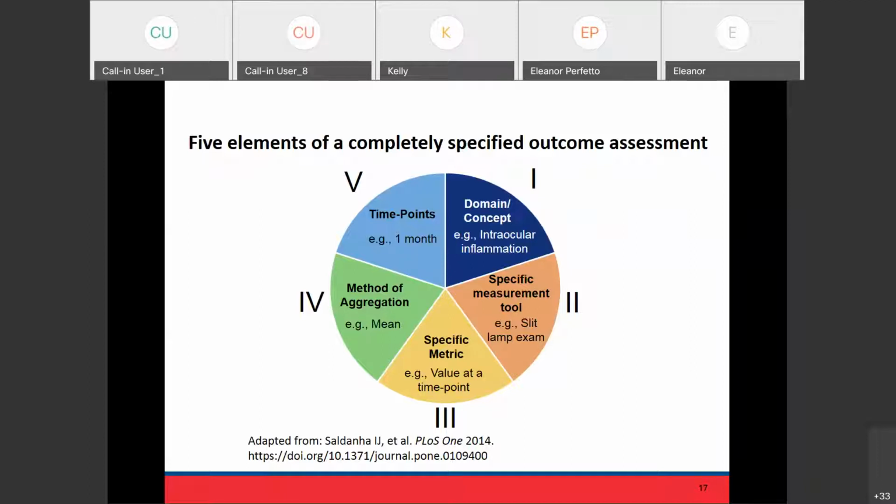Ultimately the outcome concept has to be linked with all of these measurement parameters and done consistently for those studies to be able to be aggregated consistently. And it makes sense to decision makers in a way that can be, again, apples to apples comparisons.